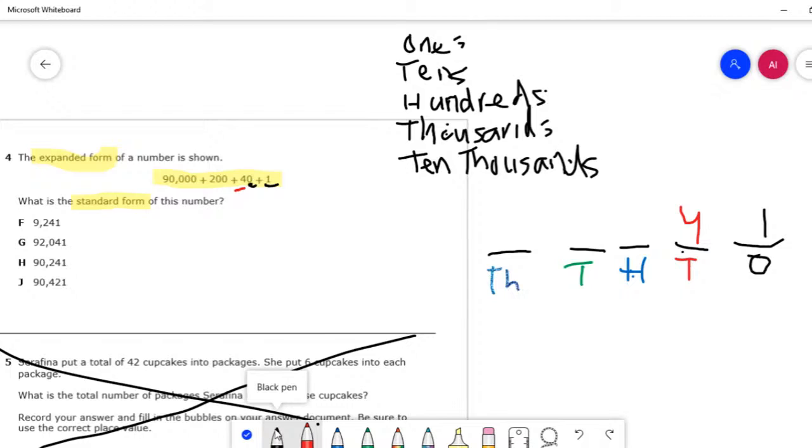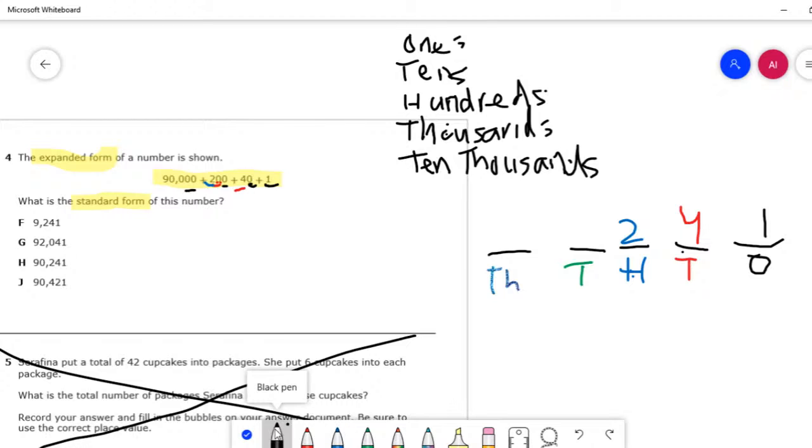And in 200, we have a 0 in the ones place, a 0 in the tens place. It's kind of difficult to represent that. And we have a 2 in the 100s place, so we can put a 2 here. And last, let's move on to our number 90,000. This one has a lot.